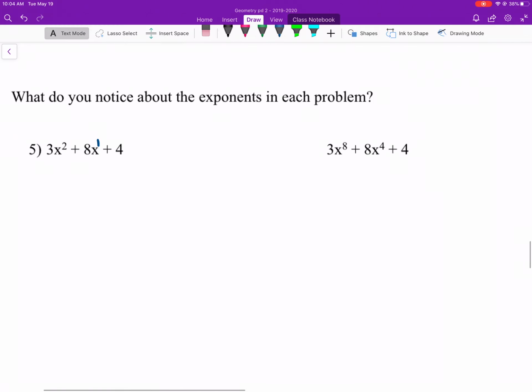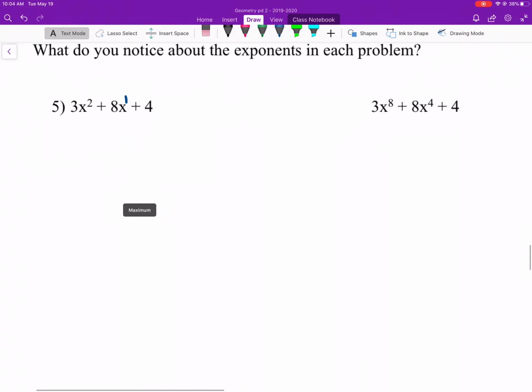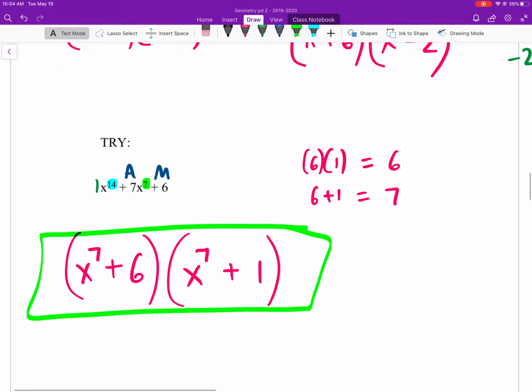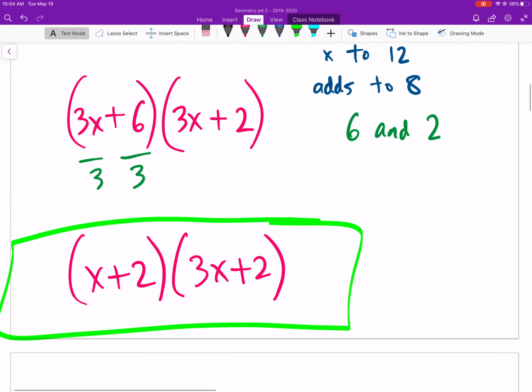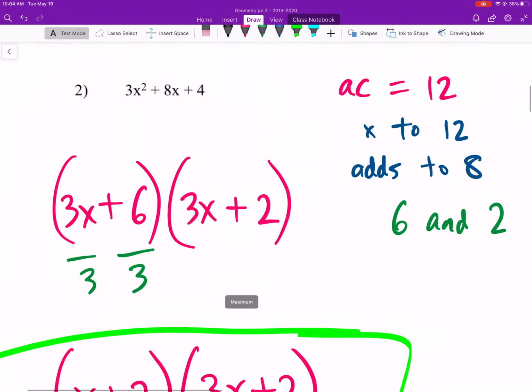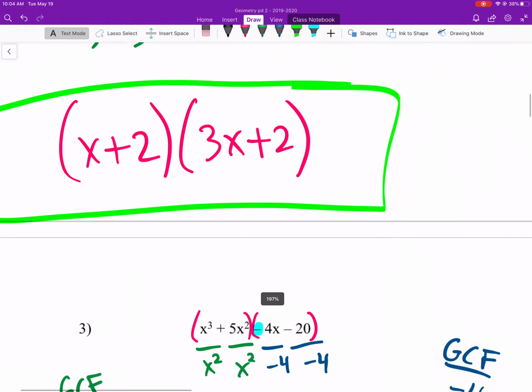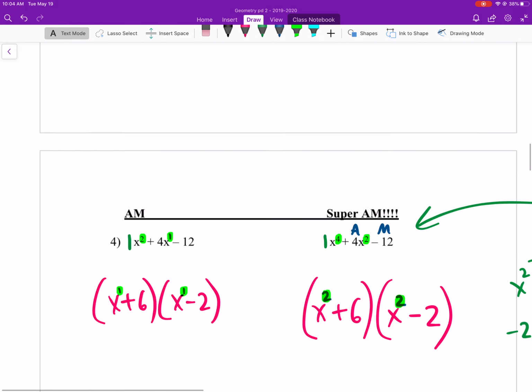So this problem we already did, right? In our do now today. 3x squared plus 8x plus 4. And what did we get? We ended up with x plus 2 and 3x plus 2.